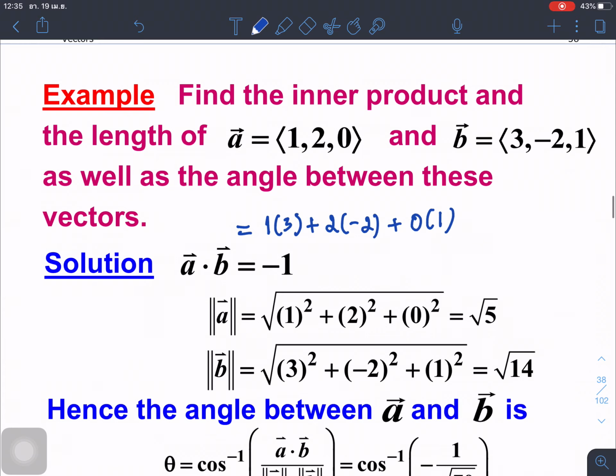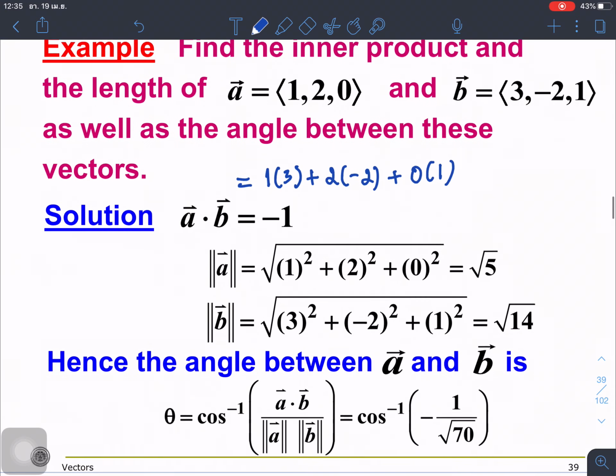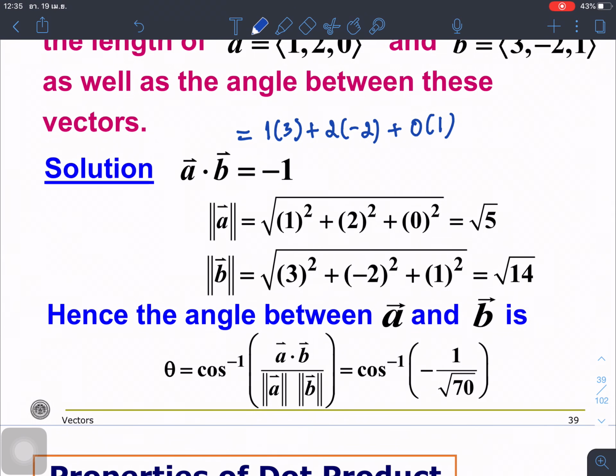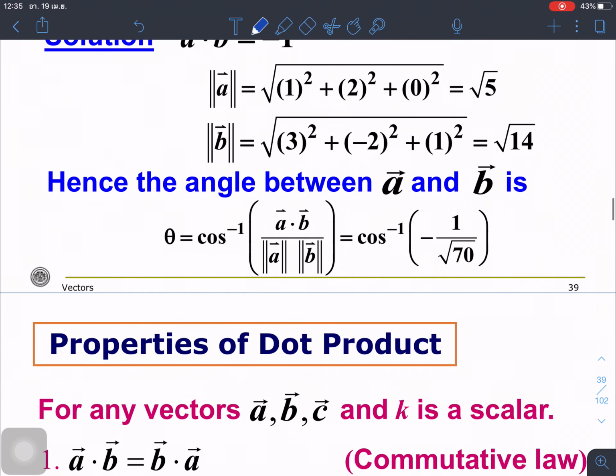That's the dot product. If you find the modulus of A and B, you get square root of 5 and square root of 14 respectively. And if you want to find the angle between A and B, you take arccosine of A dot B divided by modulus of A times modulus of B, and that's the answer.